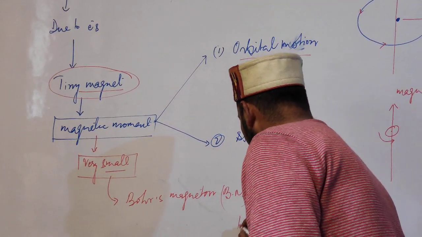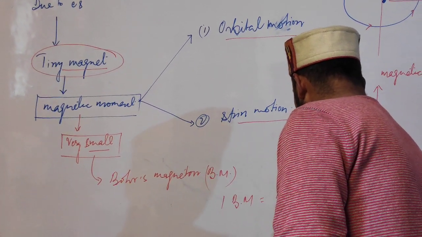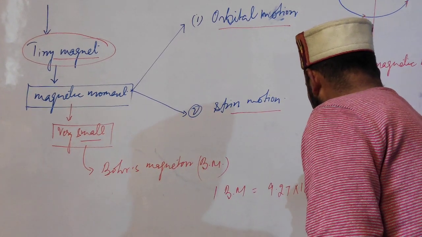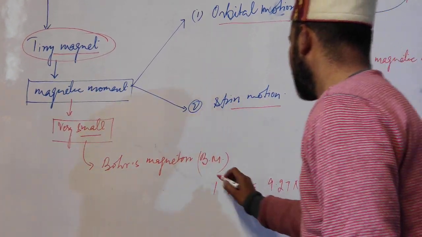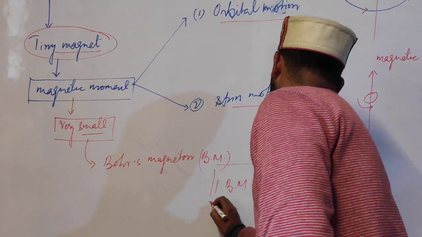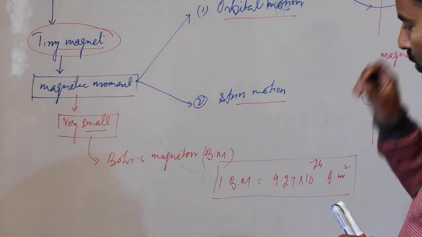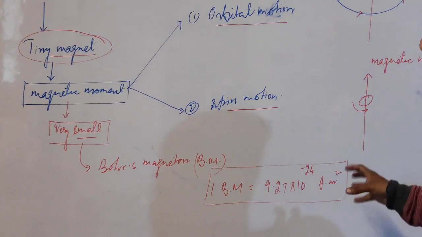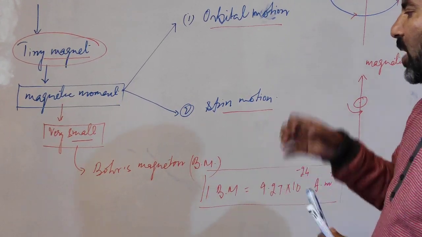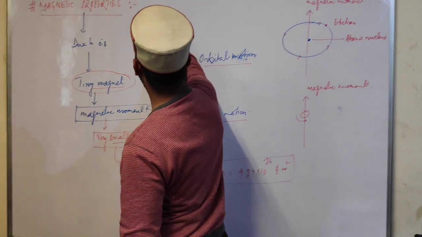And students, let me tell you, one Bohr's magneton is 9.27 into 10 raised to the power minus 24 ampere meter square. So this is the value of one Bohr's magneton. Now students, the total magnetic moment associated with a substance depends on how many unpaired electrons are present, and it is given by this expression.